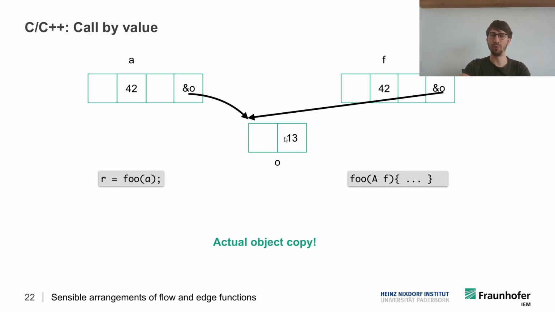And now if you alter this field 13 in this object inside of the context of foo, then when you leave the context of foo, you will be able to observe this data flow effect also from A via the reference of this field, reaching this data structure, this object here in memory.